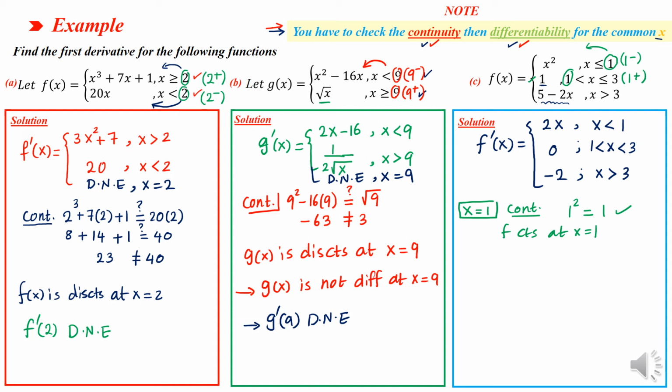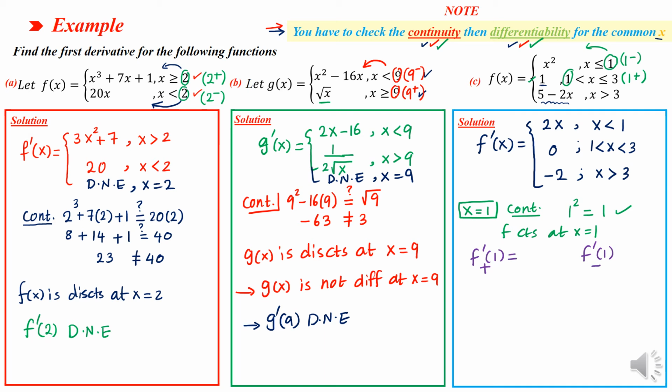Now, since it's continuous, you have to check the differentiability of the function around x equals 1. So you have to find f prime of 1 from the right, then you have to find f prime of 1 from the left.